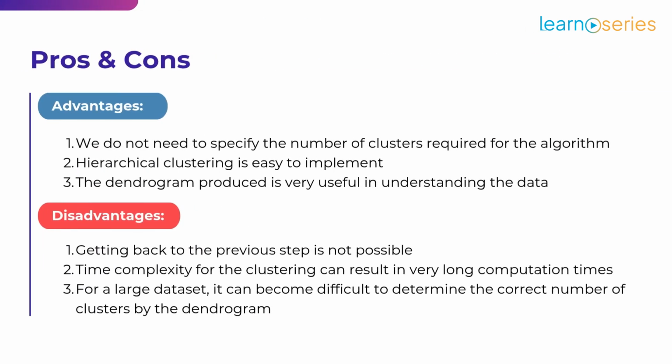So what are the pros and cons? Here we do not need to specify the number of clusters required for the algorithm. The dendrogram produced is very useful in understanding the data, and hierarchical clustering is easy to implement. The disadvantage is that getting back to the previous step is not possible.